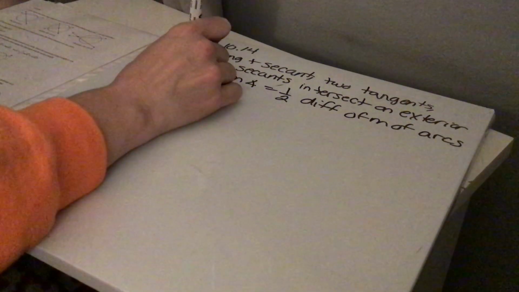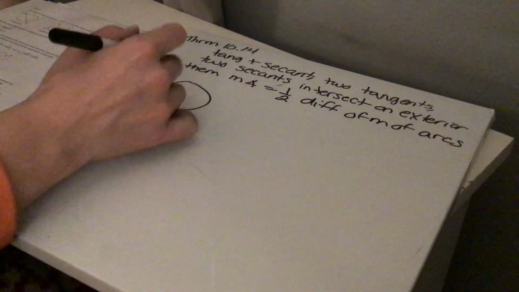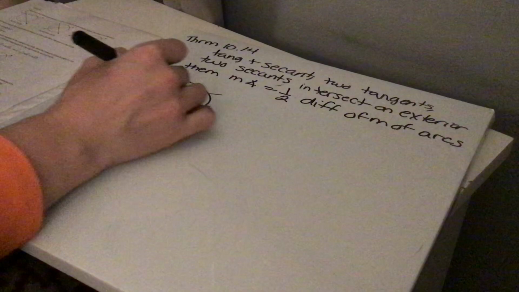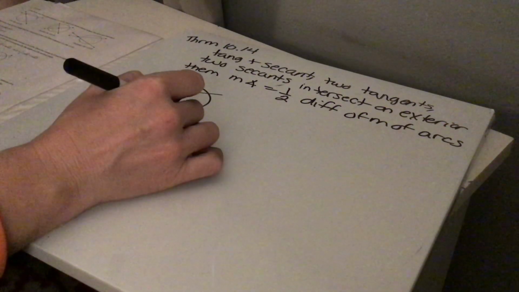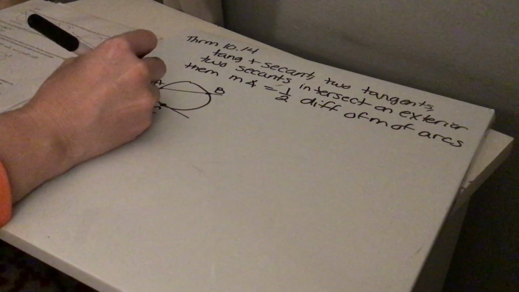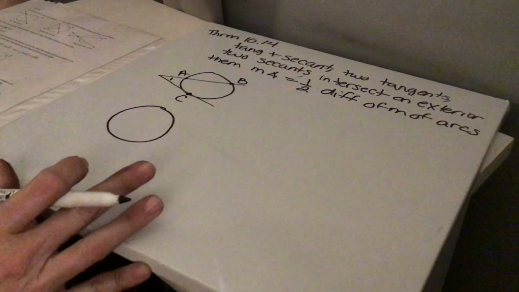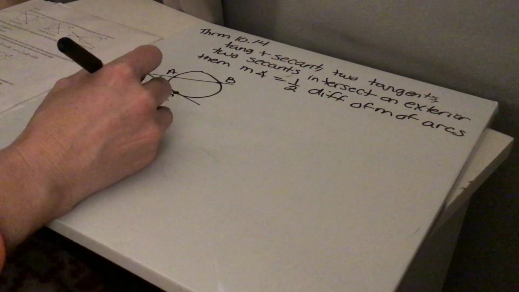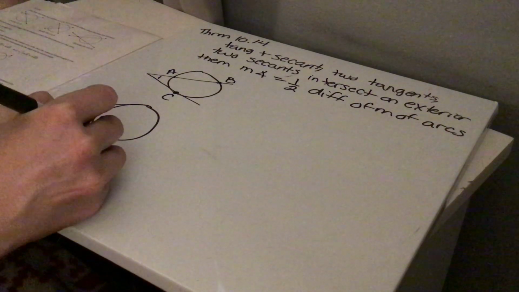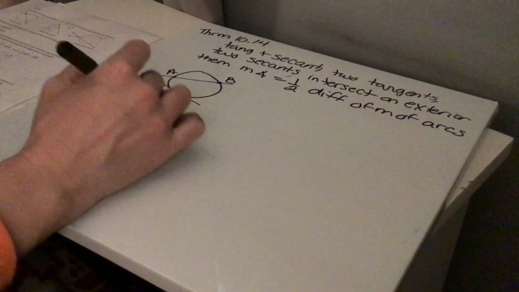Okay, so our three cases. We have a tangent and a secant. Secant goes through twice, tangent goes once. Here's A, B, C, and here's our angle 1. Then when we're looking at two tangents, they intersect in one place.